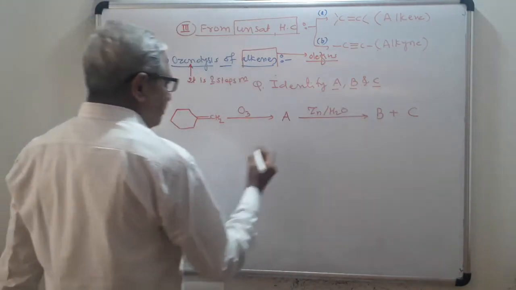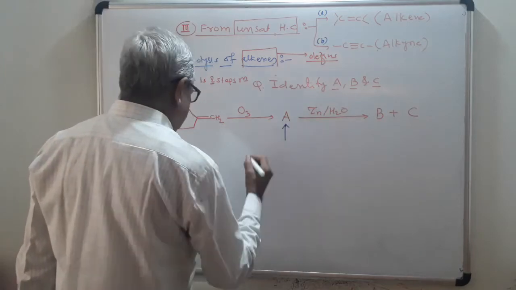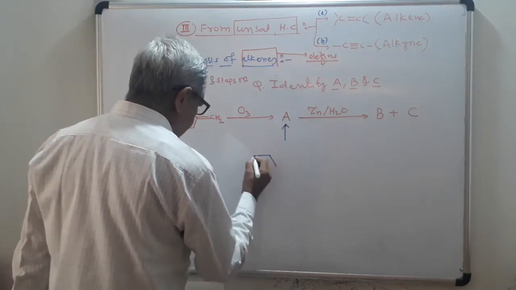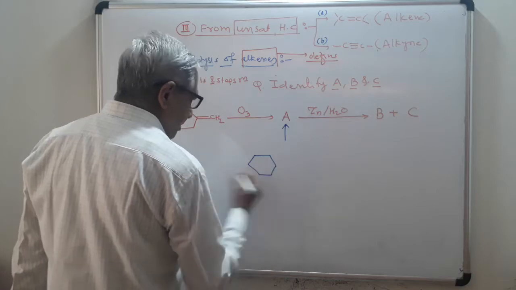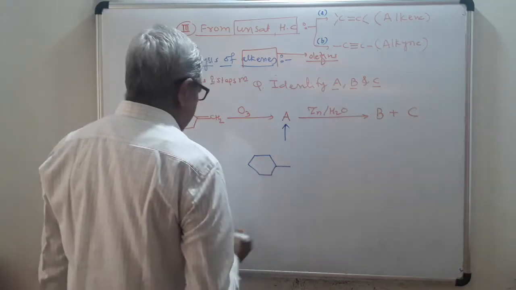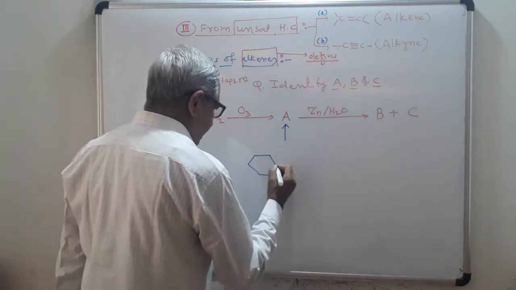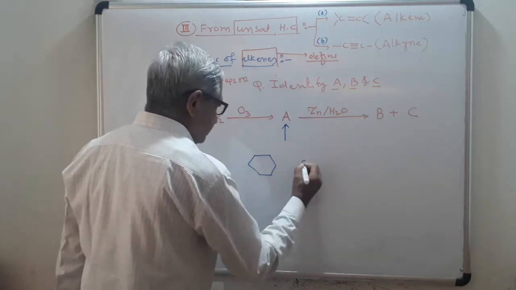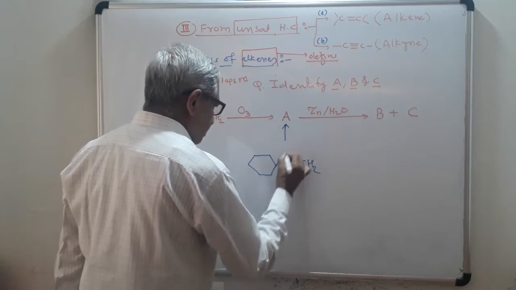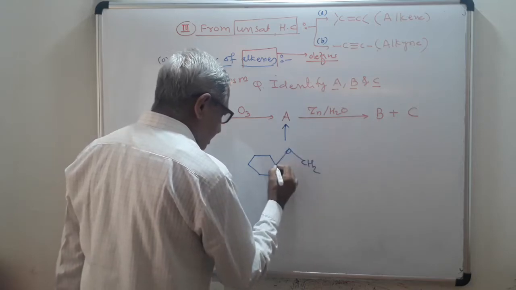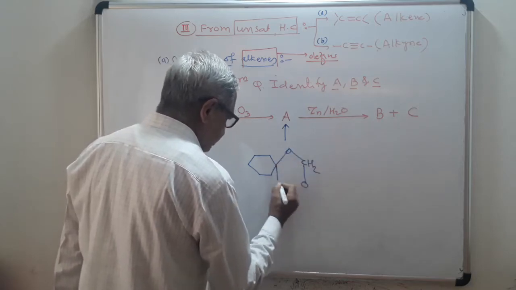See, this is an electrophilic addition. The structure of A is like this, a 6-member ring. You will get the ozonide structure. The structure of ozonide will be like this. This is your CH2. One oxygen atom will be here and another 2 oxygen atoms will be here.